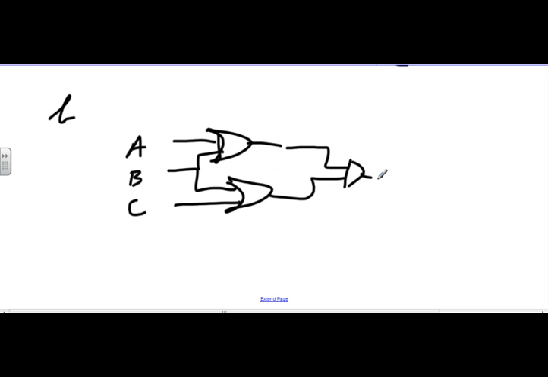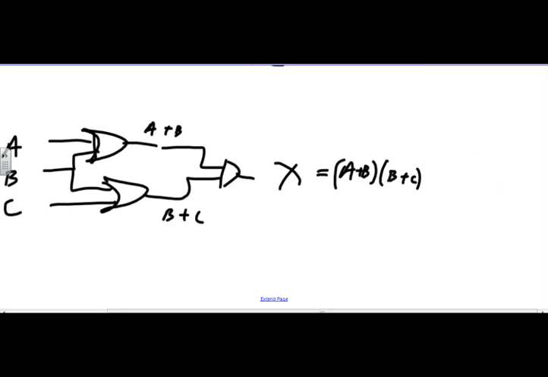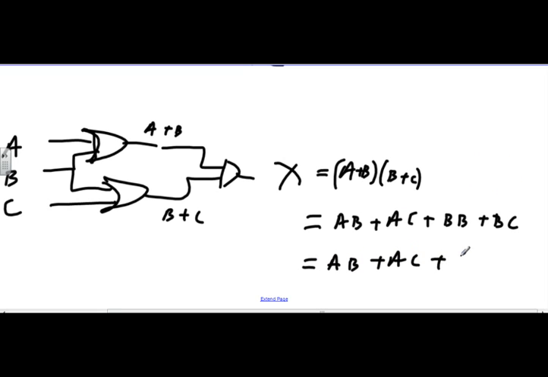X. A or B, B or C, A, B, A or B, B. Okay, I undistribute, and I got A, B, or A, C, or B, B, or B, C. And that gives me A, B, or A, C, or B, or B, C.